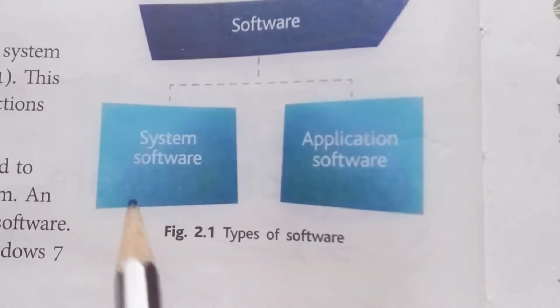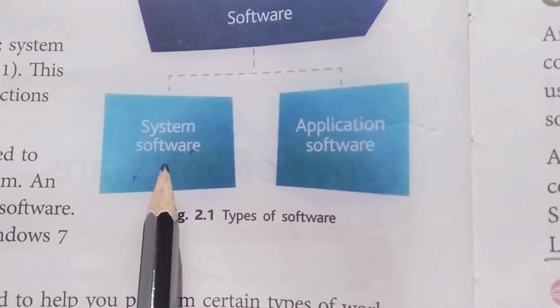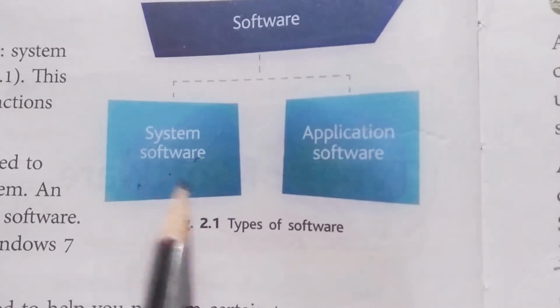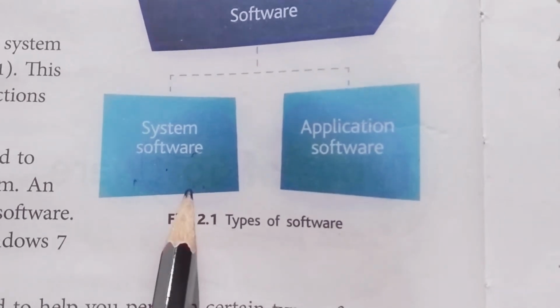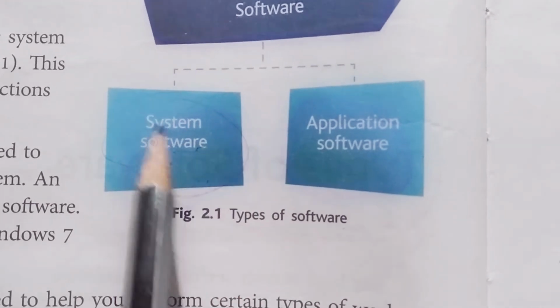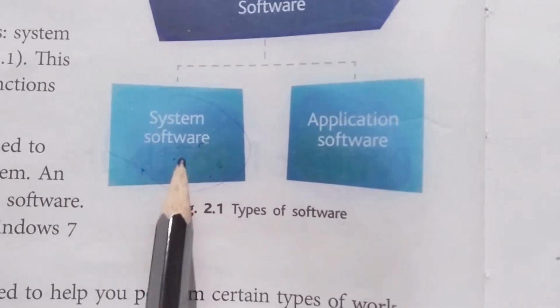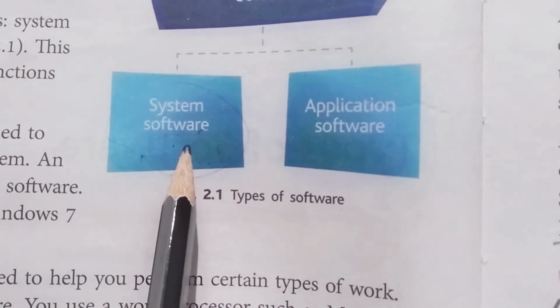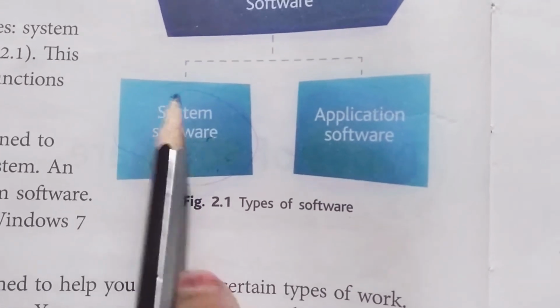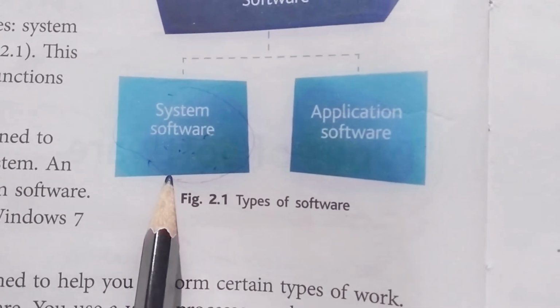Like applications of system software, what is it? Without the system software, your computer is without life. It is just like the soul inside a human body. जैसे कि आत्मा होती है ना इंसान के शरीर में. In that way, system software is like the soul in the human body.